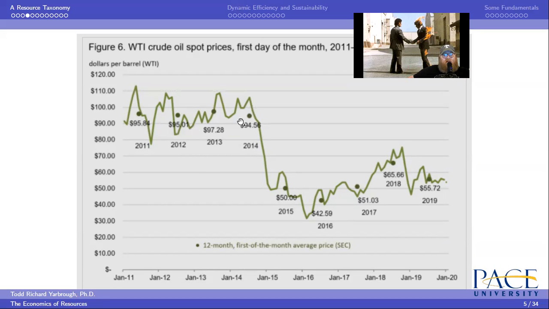Then in 2014, OPEC, along with other non-Western oil companies, engaged in what we call a price war, where they took existing reserves of oil and thrust them onto the market. Combined with the increases in supply coming from U.S. domestic oil sources, this pushes the price way down.